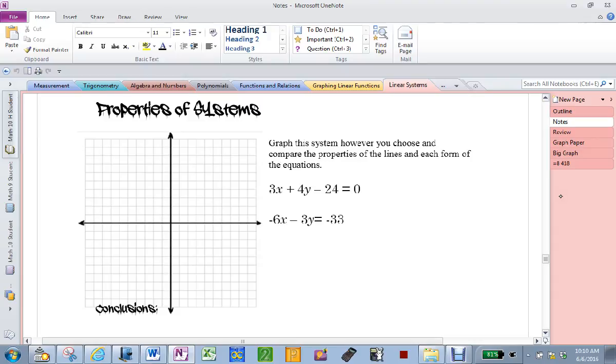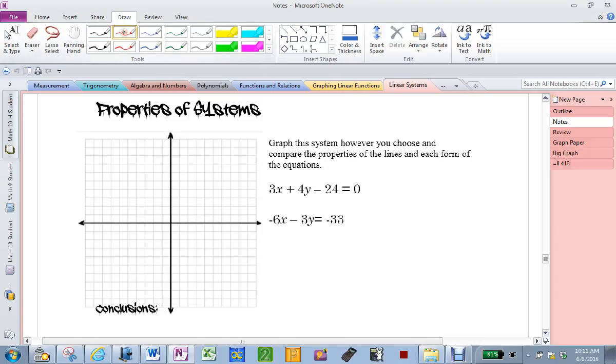Alright, is this graphed yet? I will, of course, use two lines, two different colors. So what's the best way to graph these? Make a table of values? No. Go to y-intercept and slope.